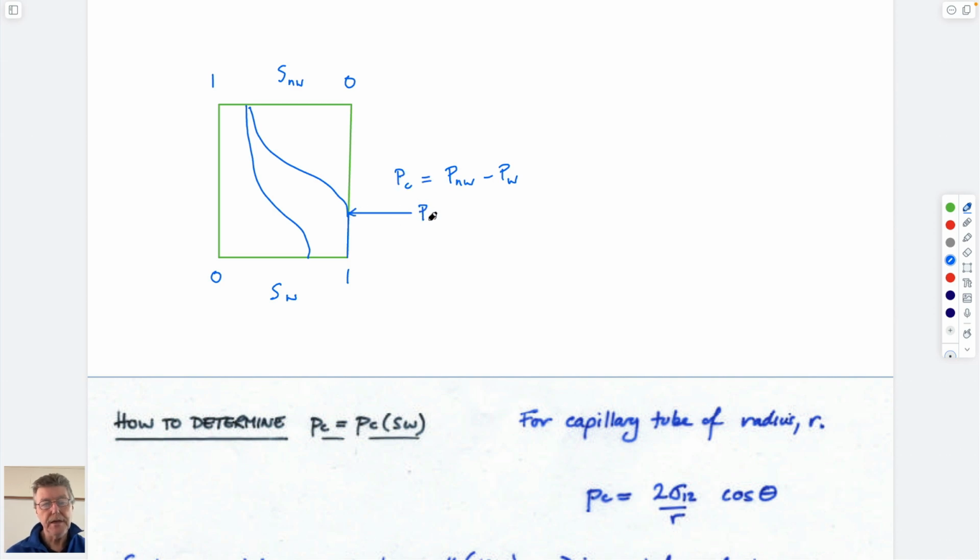This we'll call PC0, equals the entry pressure. In other words, the pressure you need to apply to get the first bead of this non-wetting fluid into the system, because it starts off at 0 saturation.